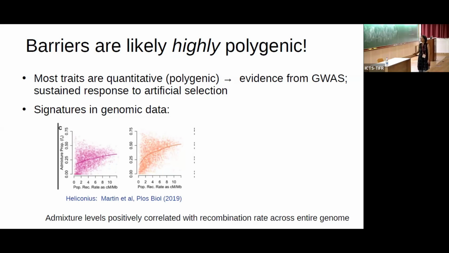The other signature is that you can also see signatures of polygenic barriers in genomic data. In this example, this is data from Heliconius, which is this very charismatic, closely related group of species of butterflies in South and Central America.